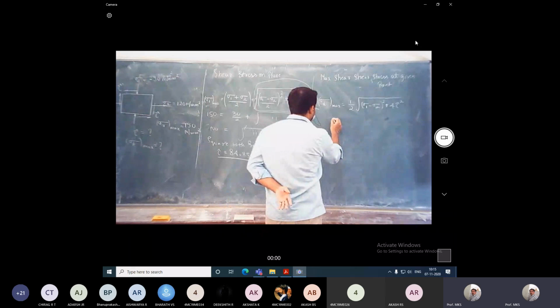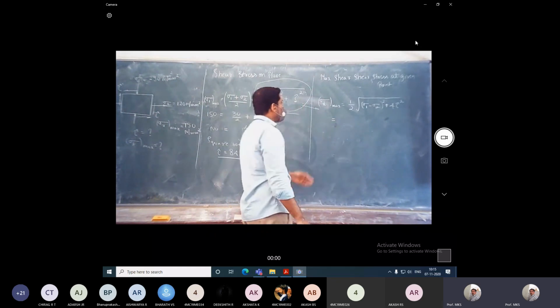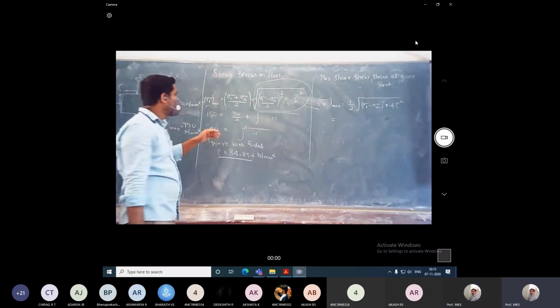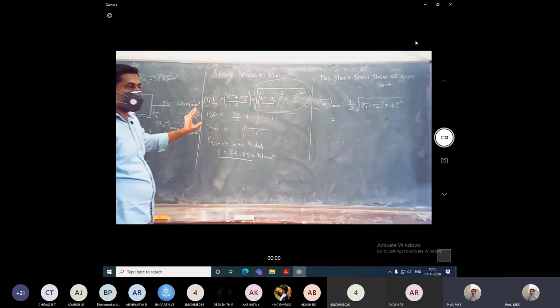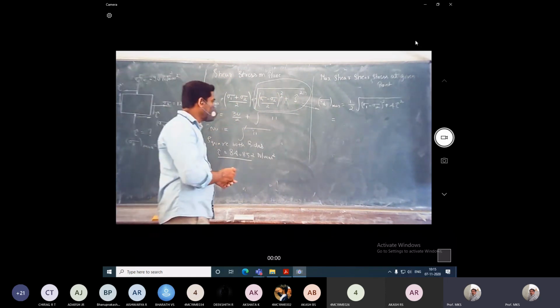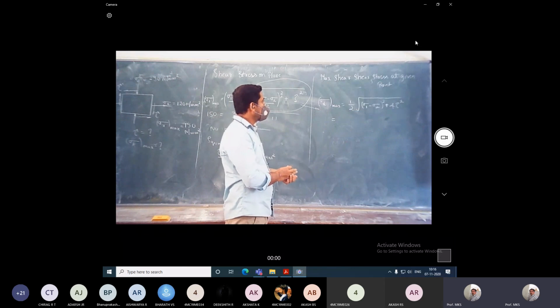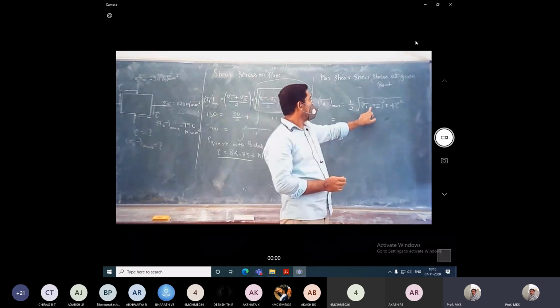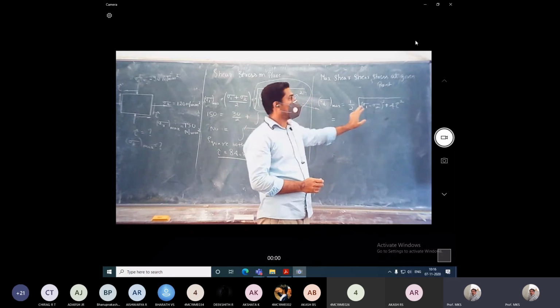It is a direct substitution. Or else, if some of the values are given and one of the values is missing, you should find the missing value. In the direct substitution, it is minus of minus, so it becomes plus. So how much?